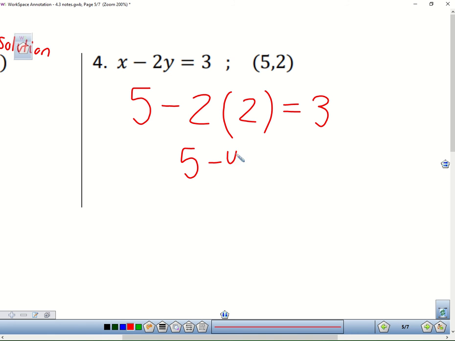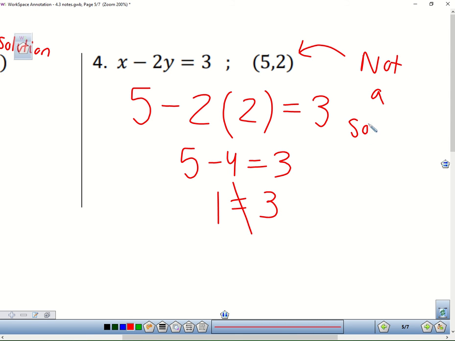Yep. 5 minus 4 is equal to 3. So 1 equals 3, which is not true, so it is not a solution. Make sense so far? Alright, you guys are going to have a practice on this too later, so make sure you know how to do it.